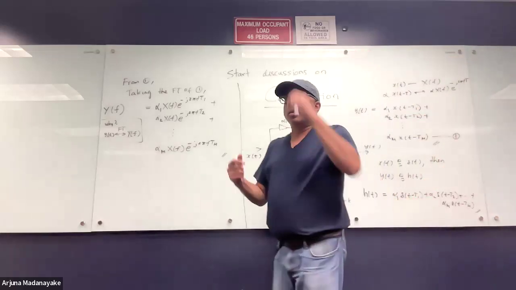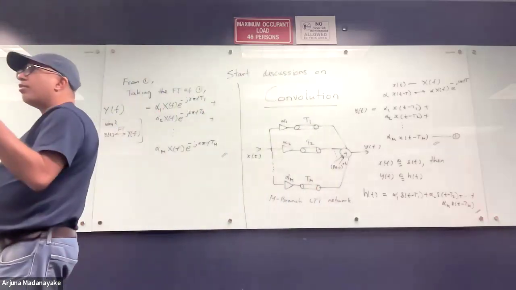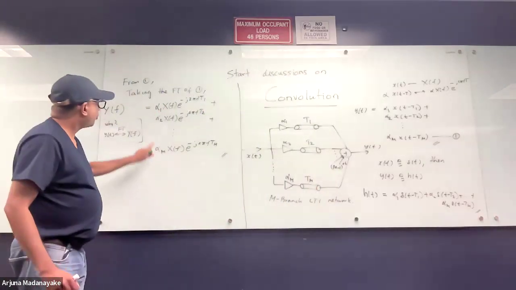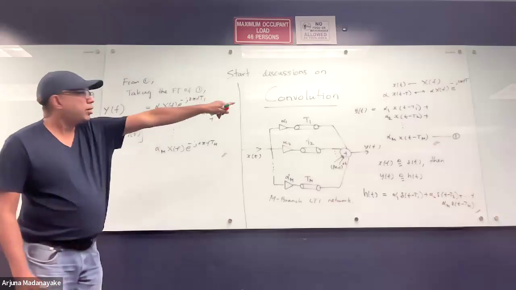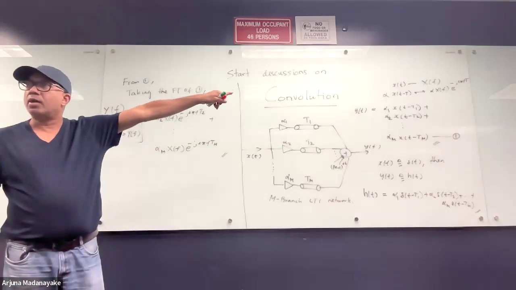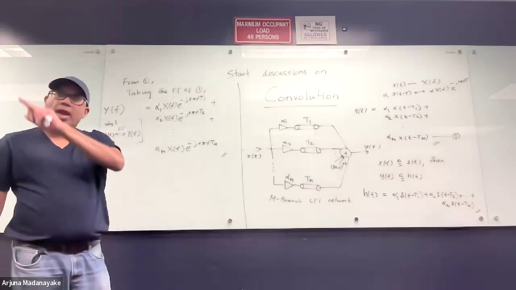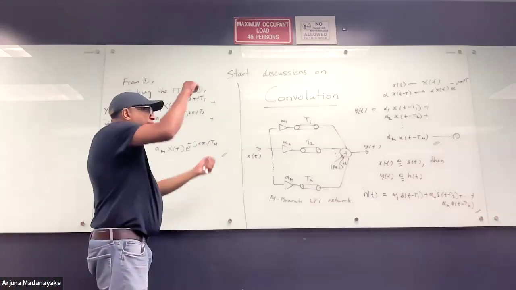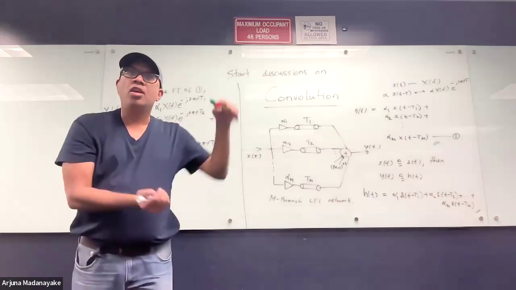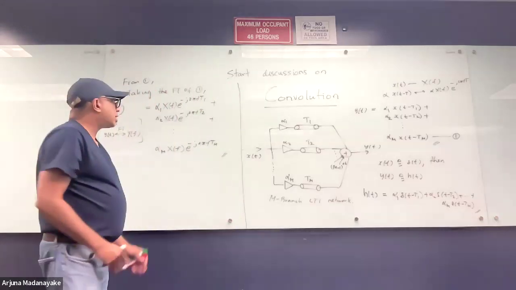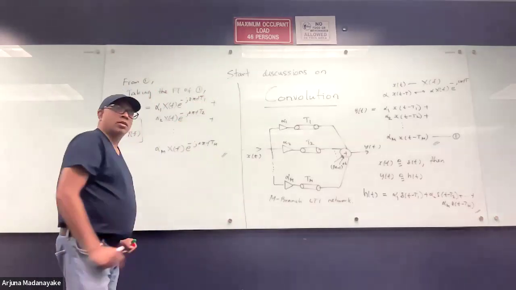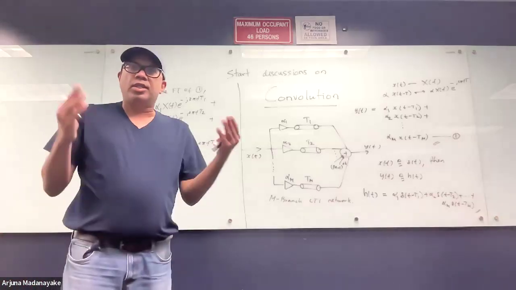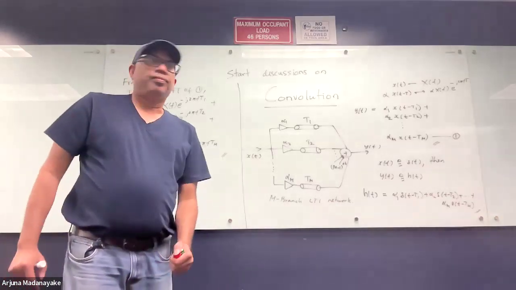The scalings are different, alpha 1, alpha 2, alpha 3, and the delays are also different, T1, T2, all the way to TM, which causes various amounts of phase rotation for every term. All that adds up and gives you this big ugly equation, which is the output transform.